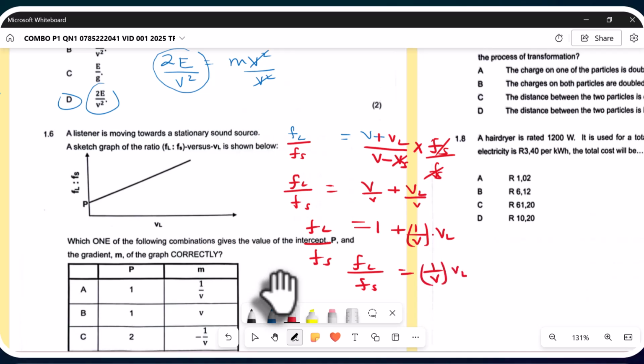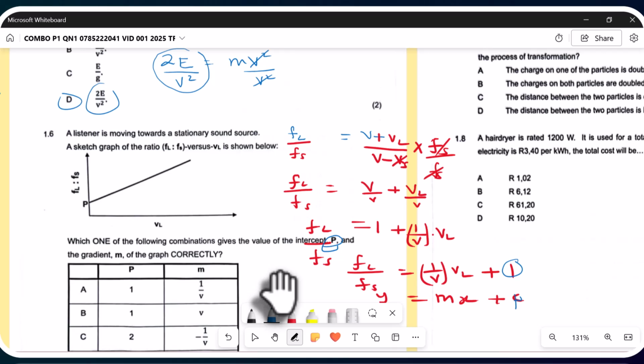They say that when the charge on one of the particles is doubled, so if I put 2Q1, I'm going to double the force. That would now be 200% of F.